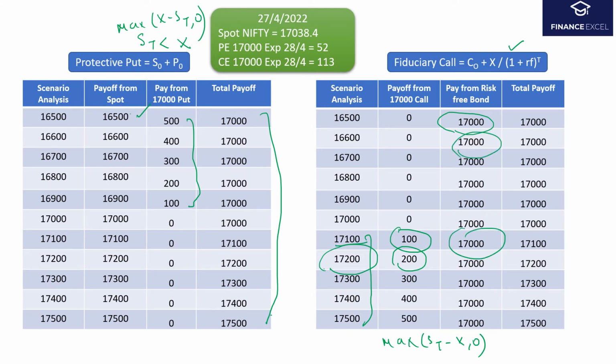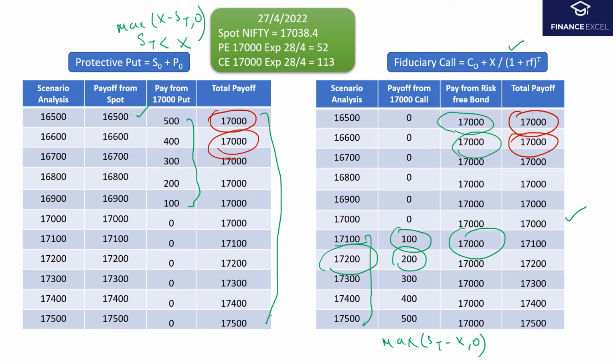So guys, when we add the payoff from the call and the payoff from the risk-free bond, I would get the total payoff from the fiduciary call. Now guys, please note this. Guys, the total payoffs are the same for the protective put and the fiduciary call, irrespective of what the price is.